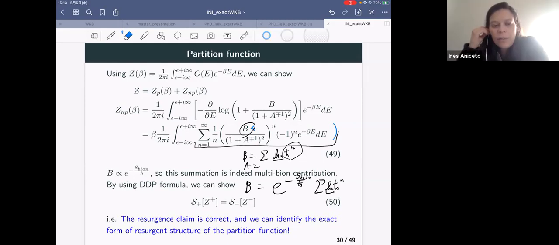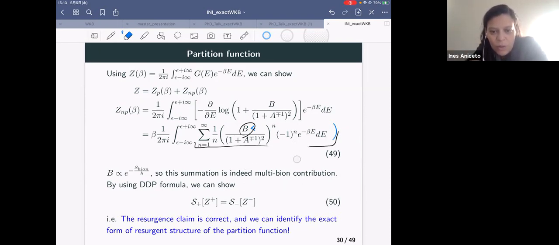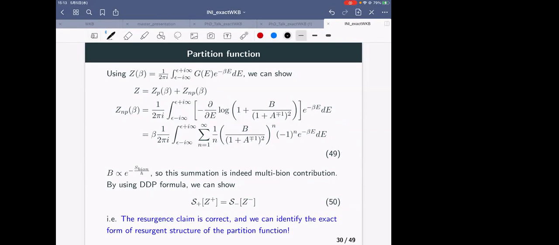But then, with the B, you'd have the non-perturbative part, you'd have different exponentials, not just the leading one, because you'd have B to the N. Yes, so this is the multi-bion contribution, not the single bion.